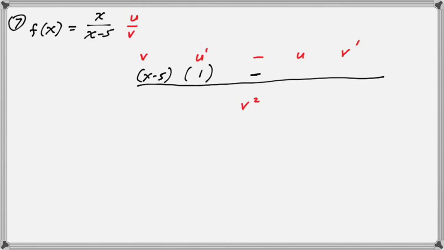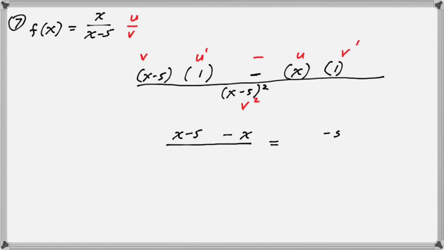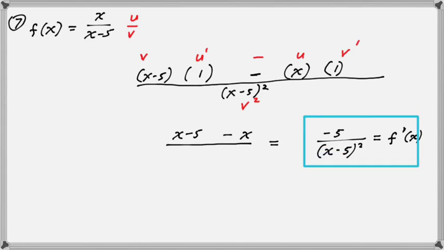Minus the top, which is u, x, times the derivative of the bottom, which is 1, all divided by the bottom squared. So you get x minus 5 minus x, which really simplifies to just a negative 5 in the numerator. And this is what your derivative is going to equal. This is a quotient rule.